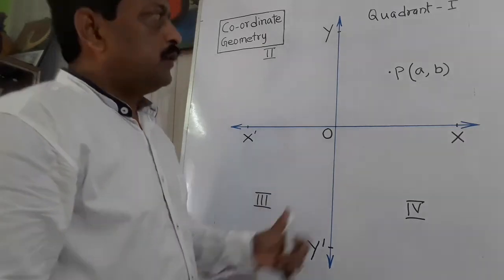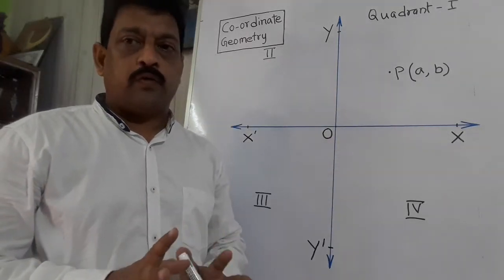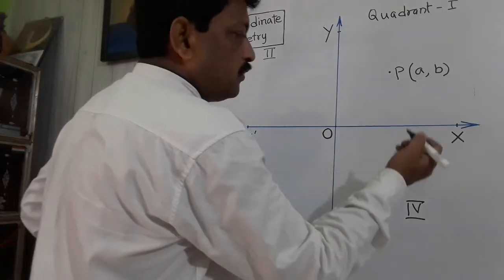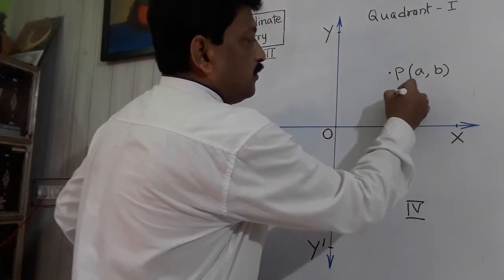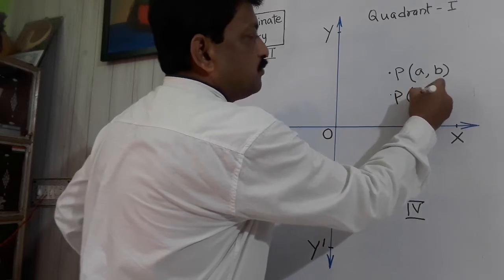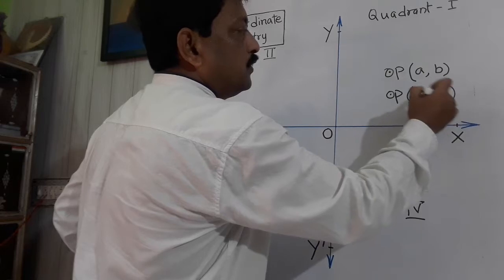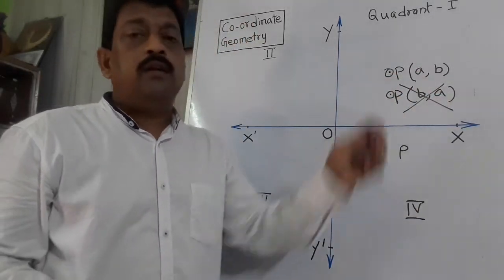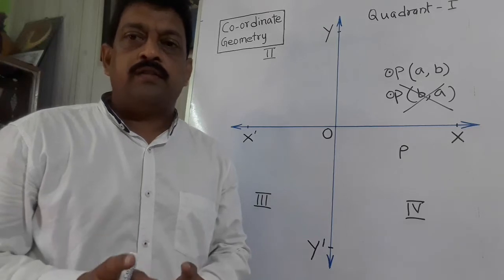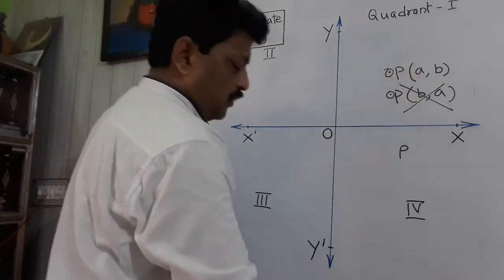Ordered pair means this A and B will always come in a proper sequence. We cannot take P as B, A. This is wrong, because (A, B) is not the same as (B, A). That is why it is known as an ordered pair.